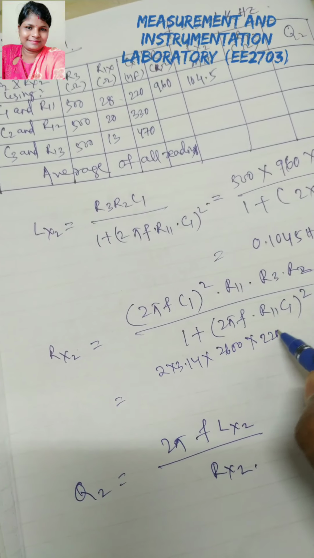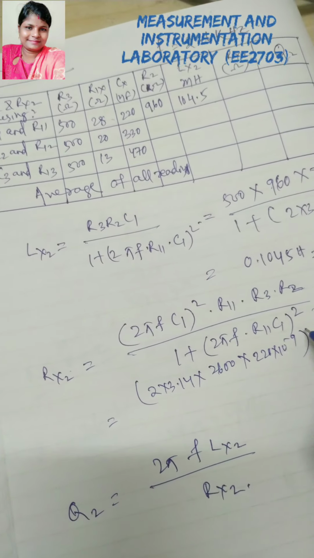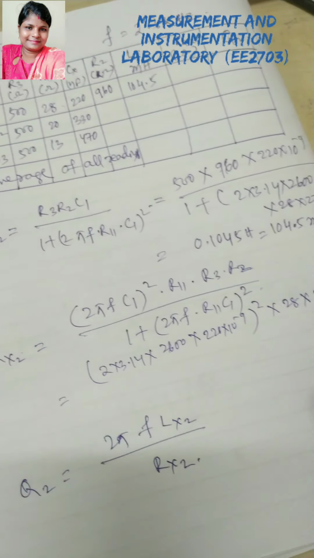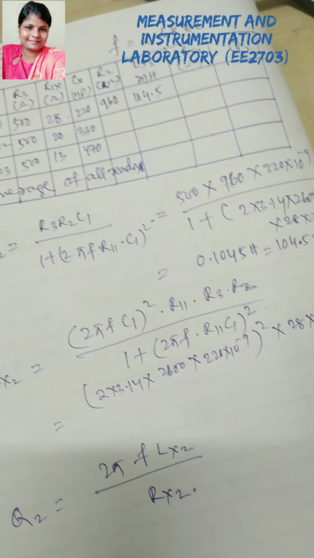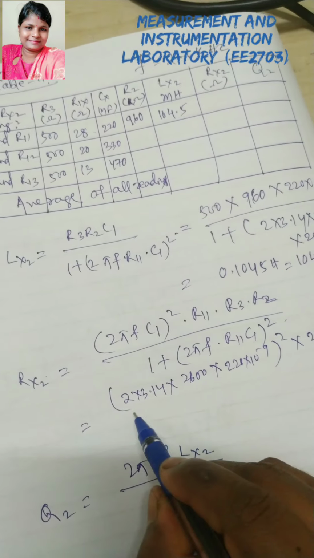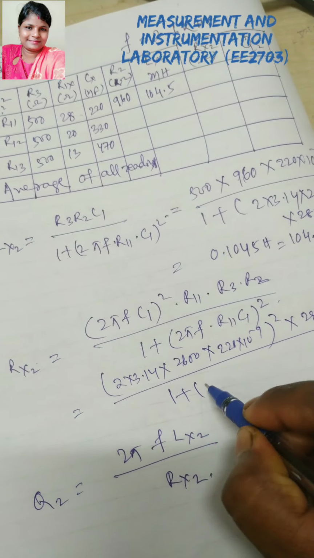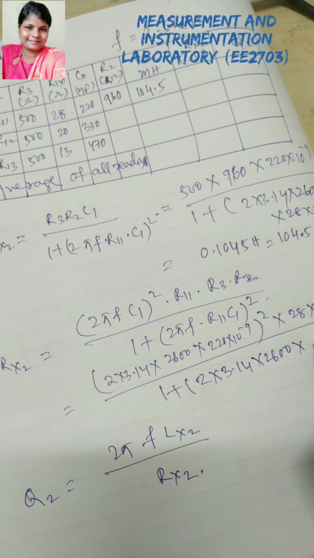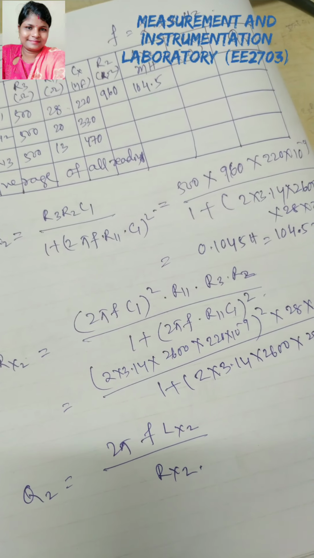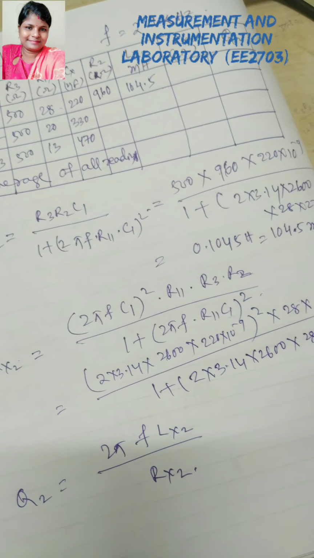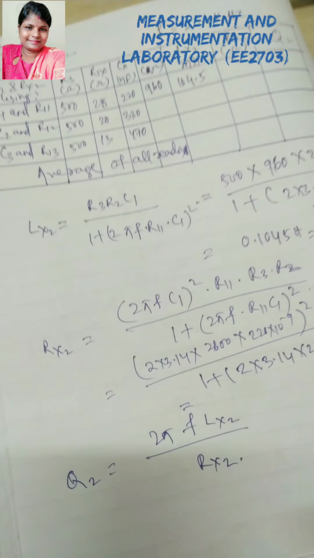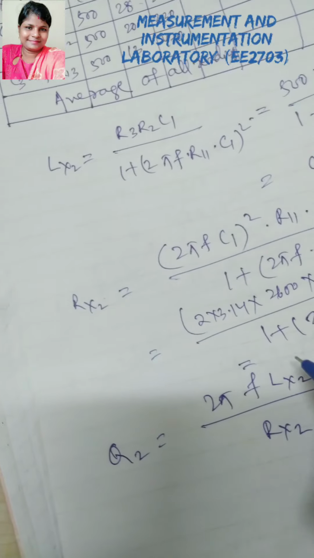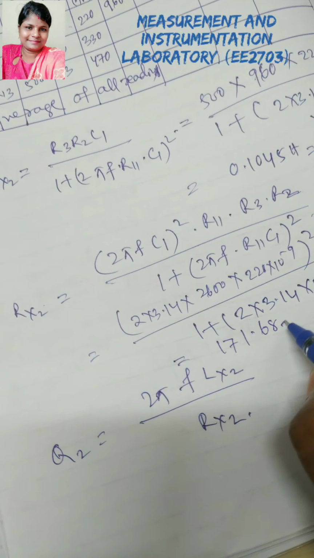Then calculate the value of Rx2: 2 into 3.14 into 2600, C1 220 nanofarad square into R11 28, R3 is 500 and R2 is 960 by 1 plus (2 into 3.14 into 2600 into R11 28 into C1 220 into 10 to the minus 9) square. So calculate. That is 171.68 ohm.